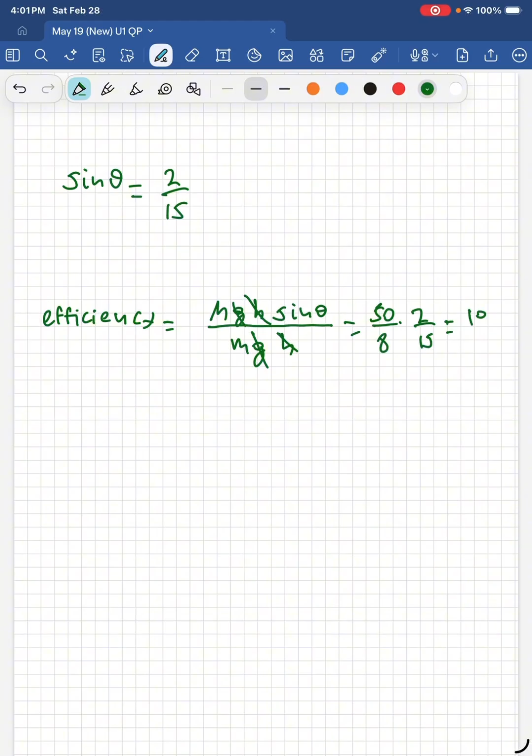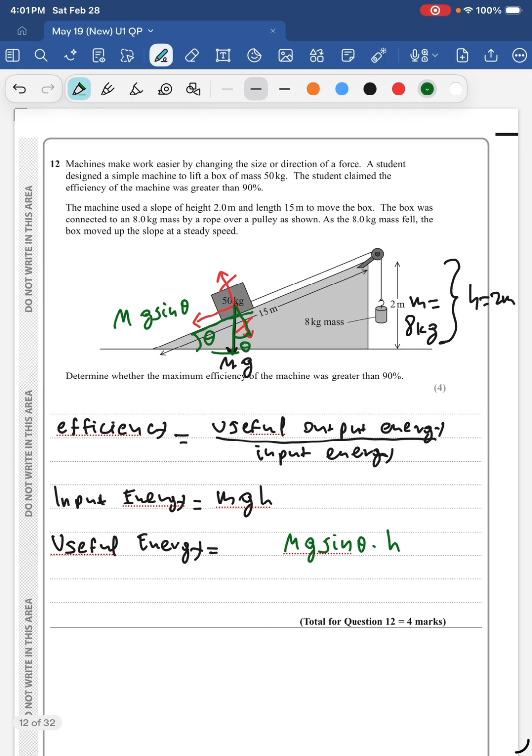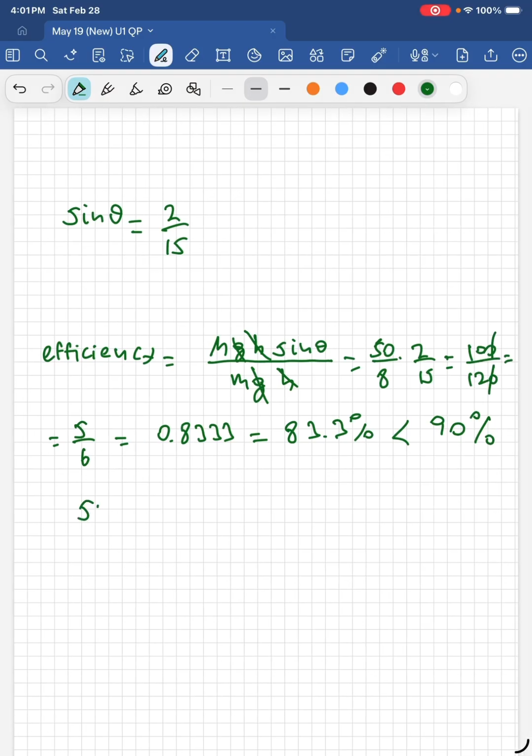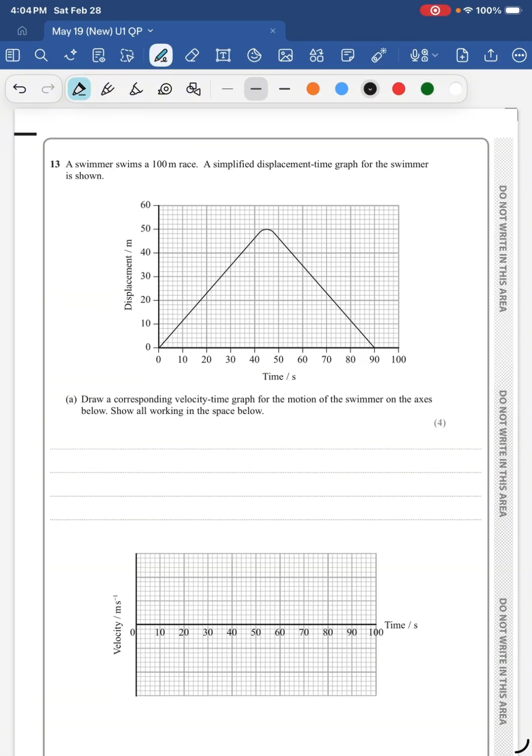So this is 100 by 120 actually, right? If you multiply. Which is 5/6. So the efficiency is 0.8333 or 83.3%, which is less than 90%. So whoever said that the efficiency is 90% is wrong, okay? The student is wrong. So we can write this down. Student is wrong.